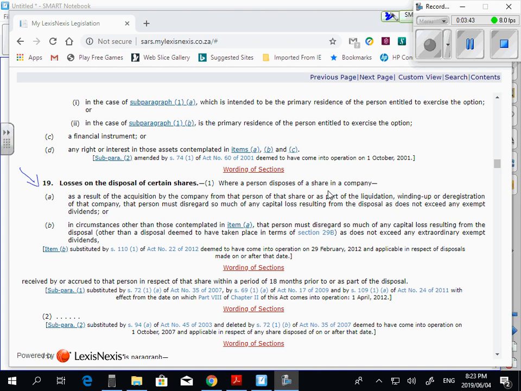Where any person disposes of a share in a company as a result of the acquisition by that company from that person of any shares as part of any liquidation, winding up, or deregistration of that company, that person must disregard so much of any capital loss resulting from the disposal as does not exceed any exempt dividends.